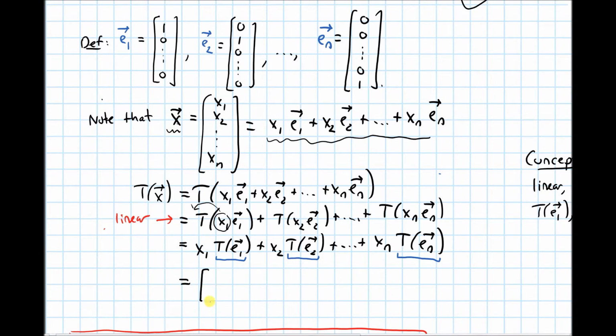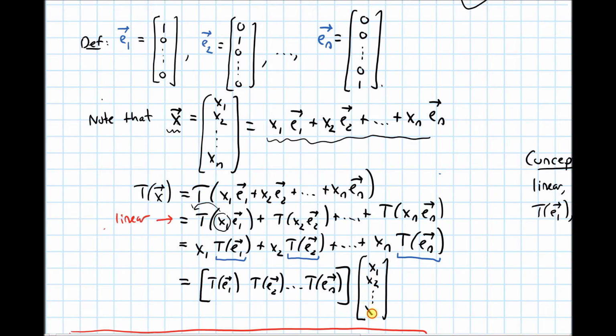This is the matrix where the columns are those vectors, T of e1, T of e2, dot dot dot until my last column, T of en, multiplied by the vector where the entries are the weights of the linear combination: x1, x2, dot dot dot up until xn. So what we've done is rewrite T of x as a matrix times x. This vector right here is just x.